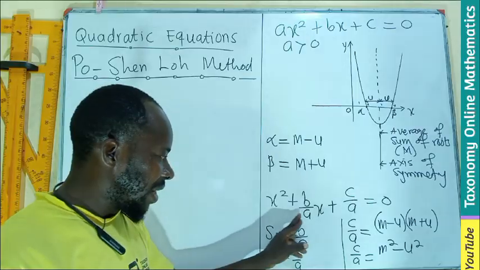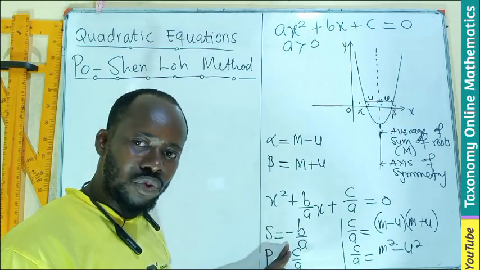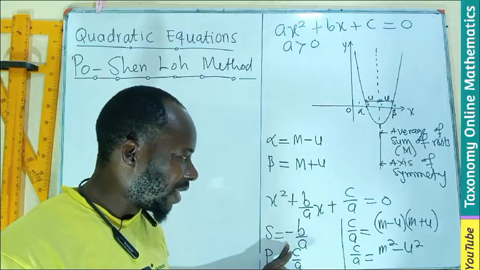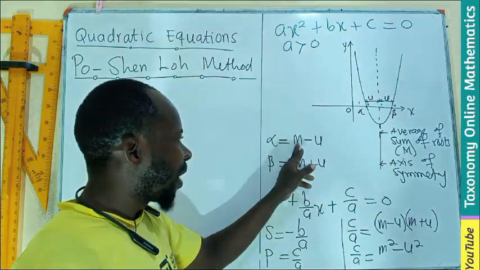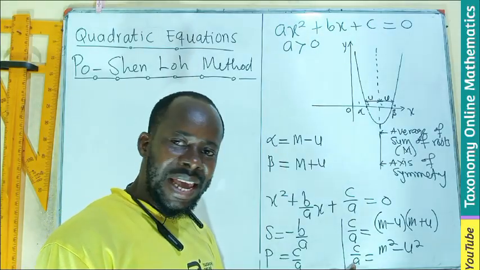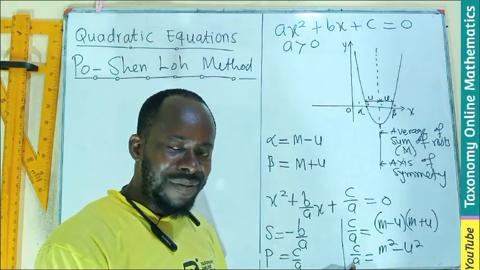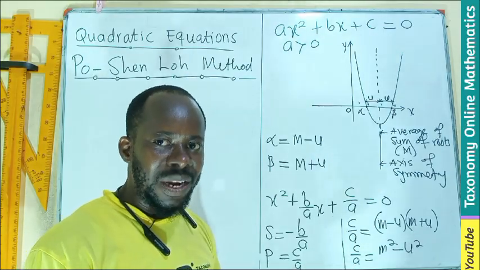Starting from here, this is the sum of roots. Average of this means dividing this value by 2. I can get that easily. Then the u is what I am looking for, to subtract from that answer to get the alpha. Then c over a will be in the equation given to you. So you can see from here, it is easy to find the values.